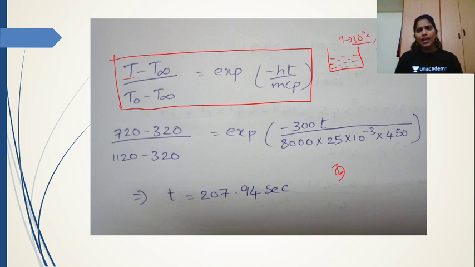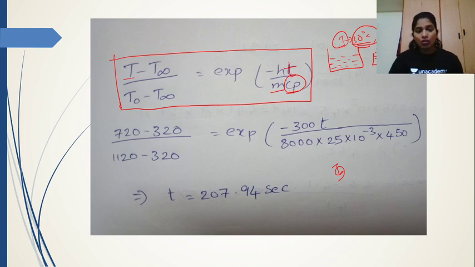So we will have different temperatures where we can stop the process, right? To find this time, we have this minus ht, and m is mass, and cp is heat capacity.